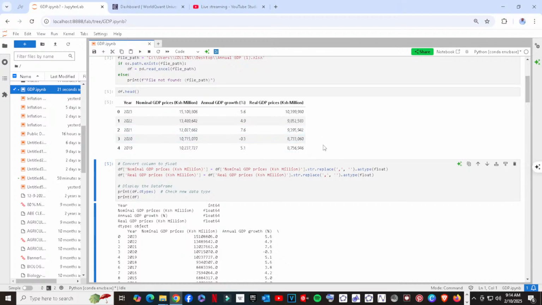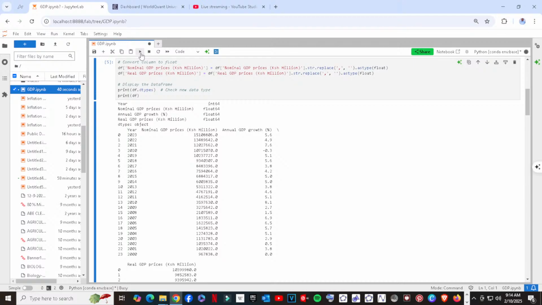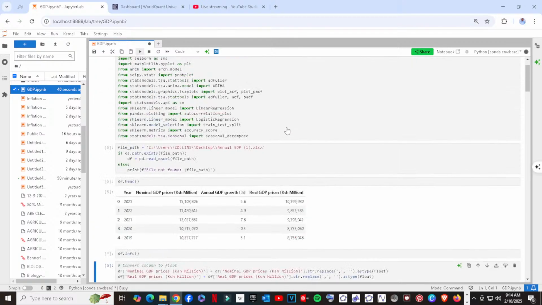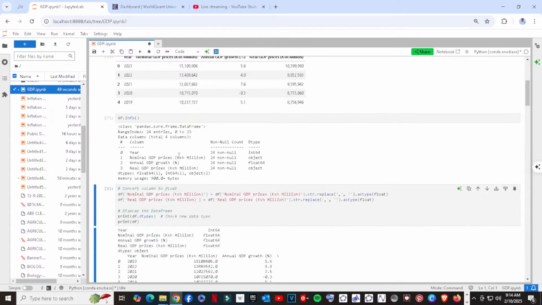So we can further find out by doing df.info, which means I want to check the nature or type of the data.